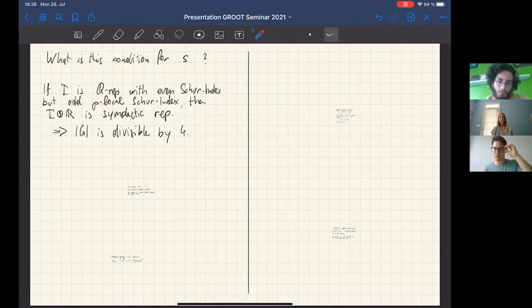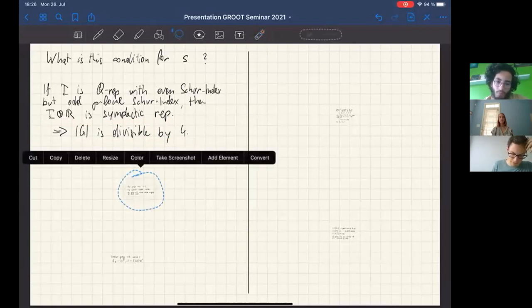The real Schur index of a representation has to do with basically whether you can find a quaternionic representation that gives this real representation. And so this is also sometimes called a symplectic representation. So in particular, this can only happen if this is a symplectic representation, and this only happens for groups that have orders divisible by 4.